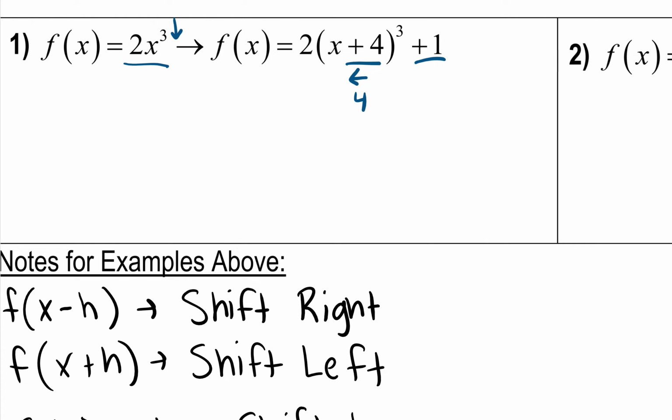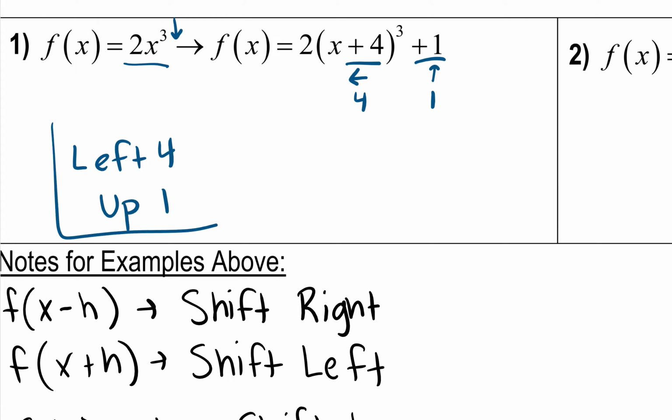From 0 to plus 1, that's adding 1, and adding 1 outside the parentheses would be going up 1. So you can write: left 4, up 1, and that's my answer.